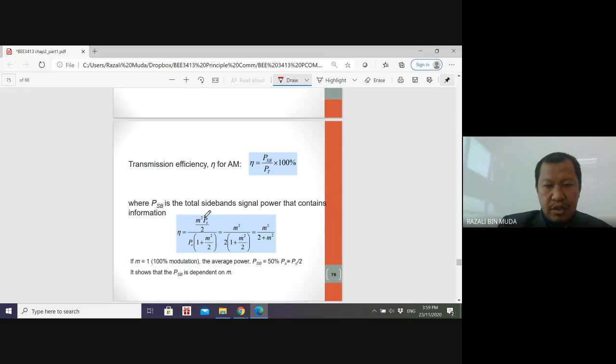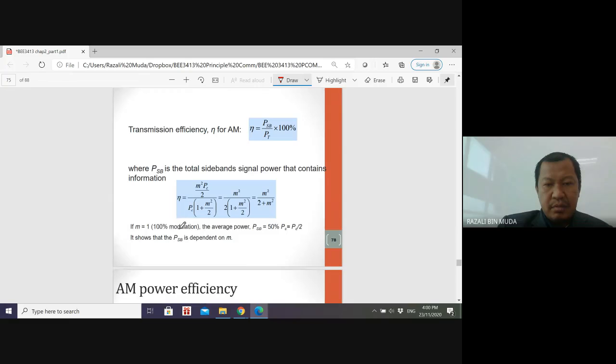Using this equation, m square PC over 2 over total power, so equal to m square over 2 plus m square. If m equals 1, 100% modulation, the average power PSB equals 50% of PC over 2. It shows that PSB is dependent on m.